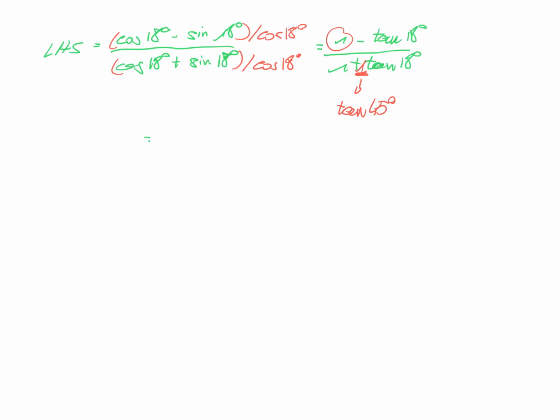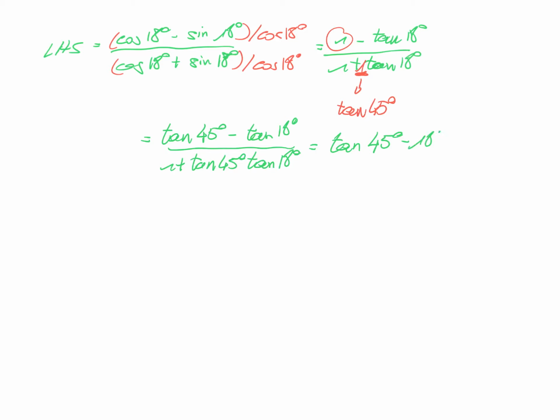So this is tangent 45 degrees minus tangent 18 degrees divided by 1 plus tangent 45 degrees times tangent 18 degrees. So we now have a formula tangent alpha minus tangent beta over 1 plus tangent alpha times tangent beta. So this is the tangent of 45 degrees minus 18 degrees, or what we needed, the tangent of 27 degrees.